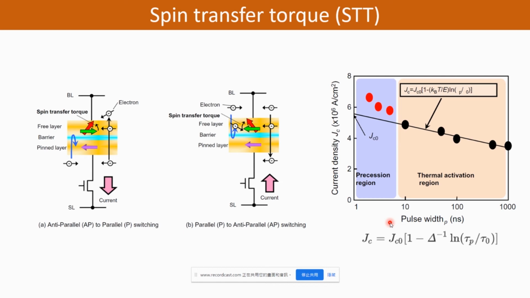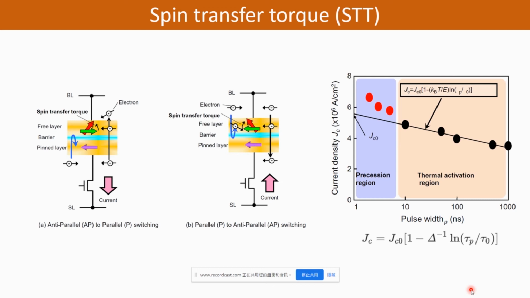On the other hand, in the region longer than 10 ns, the current density can be written as the equation like here. And here the tau zero is the time constant, which normally equals 1.